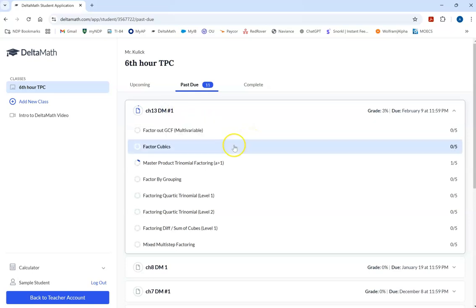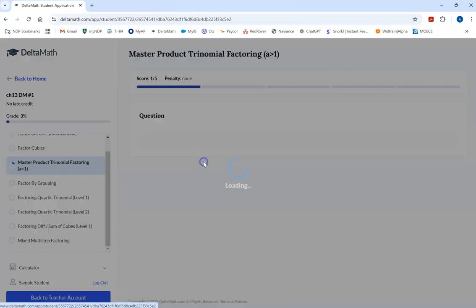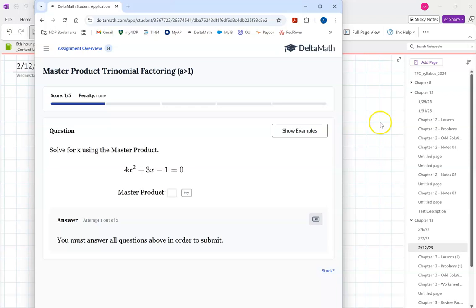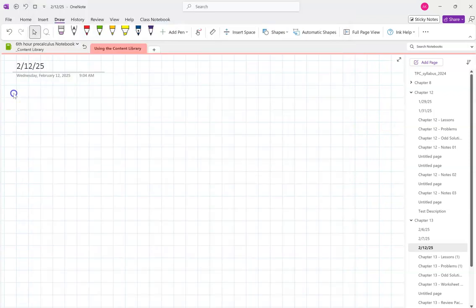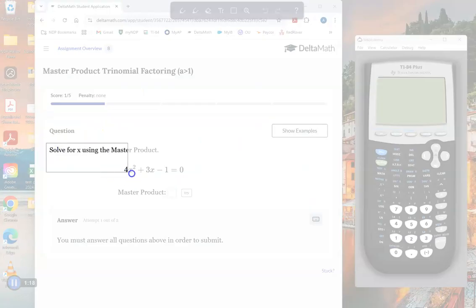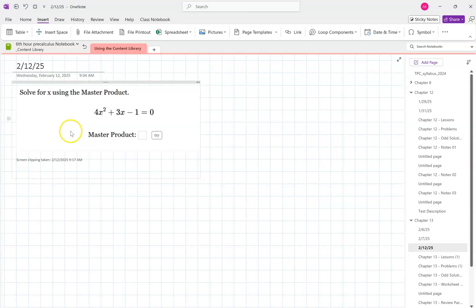The master product trinomial factor. That's the one. All right.